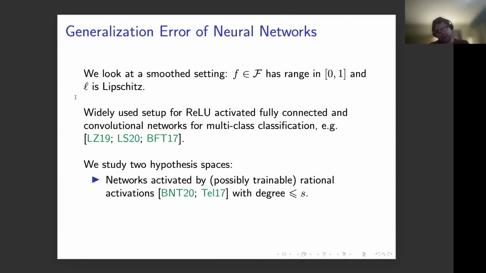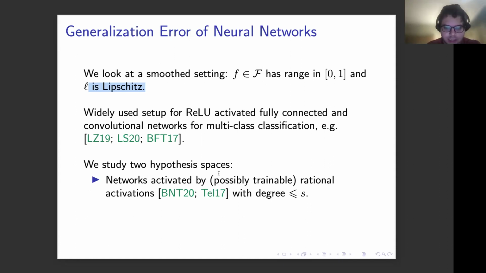We can actually get results here for two different hypothesis spaces: neural networks with rational activation functions, where the numerator and denominator polynomials of the activation functions are both of degree at most s, and possibly these rational activations could be trainable. So their coefficients, one may be training over as well.